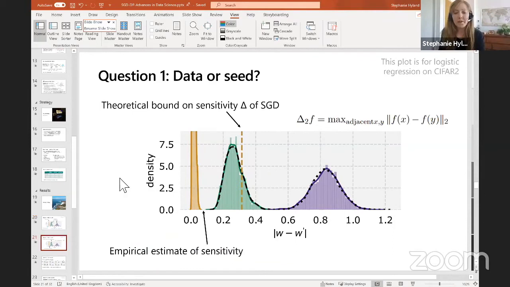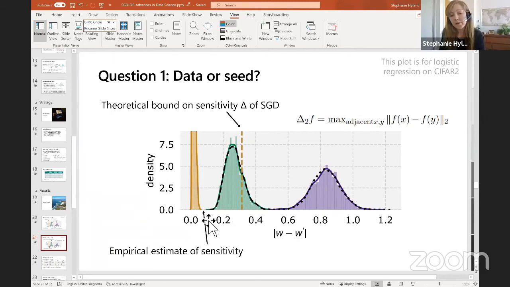A second point is that we have this gold vertical bar here, and this is actually the theoretical bound on the sensitivity to dataset perturbations for convex functions like what we have in logistic regression.